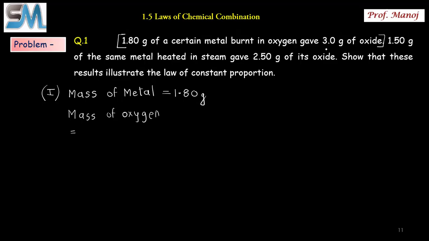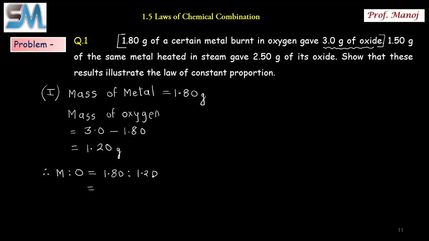This is the mass of oxide, that minus 1.80 will give you the mass of oxygen, because oxide is made up of metal and oxygen. So if I find a ratio of metal is to oxygen, it will be 1.80 is to 1.20.